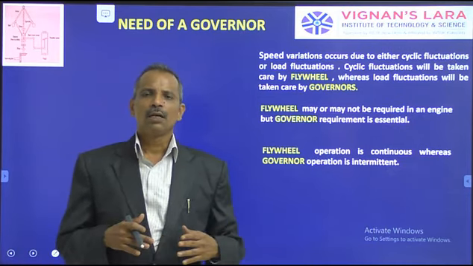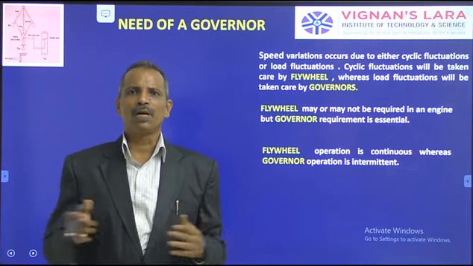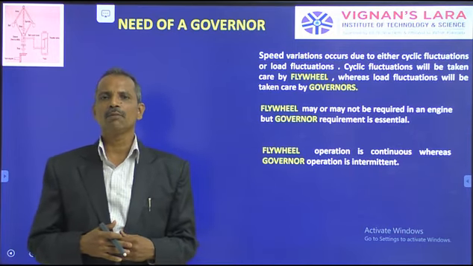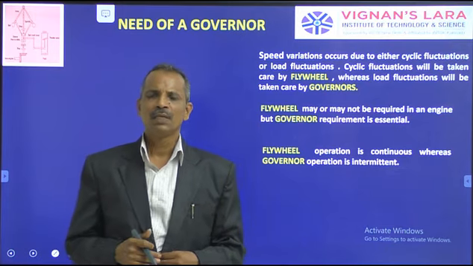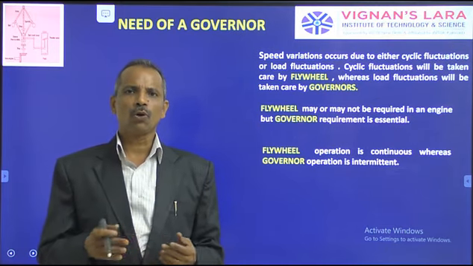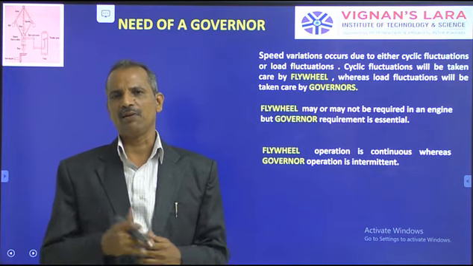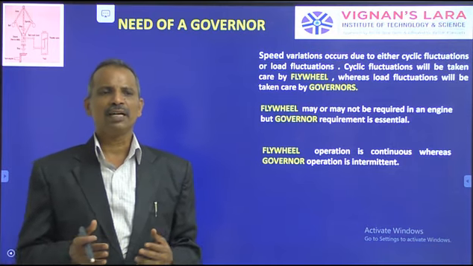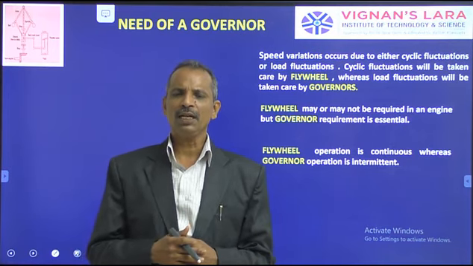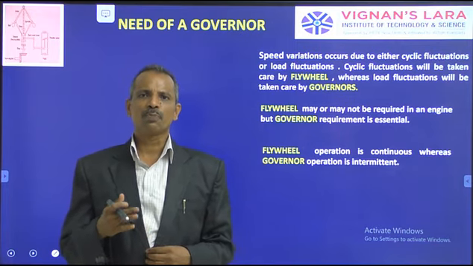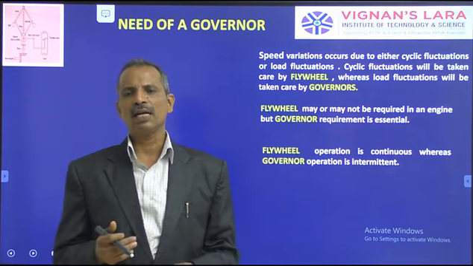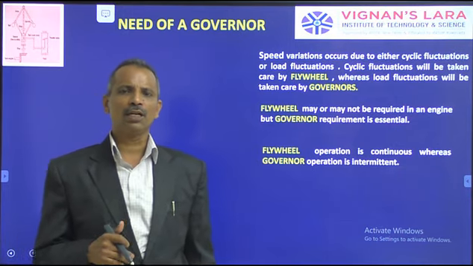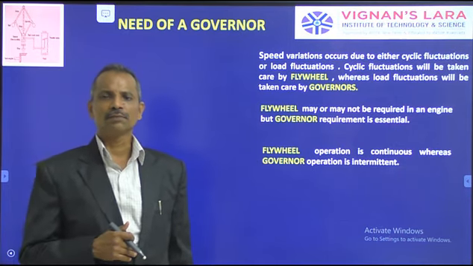Suppose it is hot summer, I need more speed for my fan, or I need more cooling effect in case of AC. So I will change the control knob so that I get the desired one. Similarly, if it is winter, I don't require that much cool atmosphere, or I don't require that much speed of the fan. In those cases, I will control the speed regulator or the temperature regulator in my AC or fan.